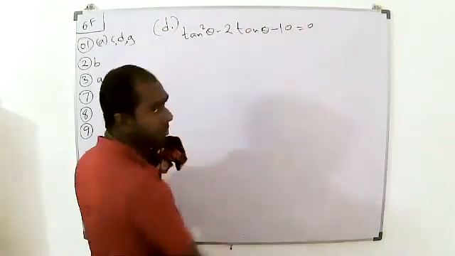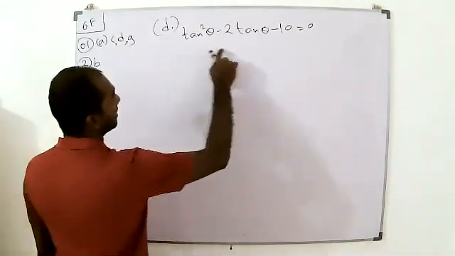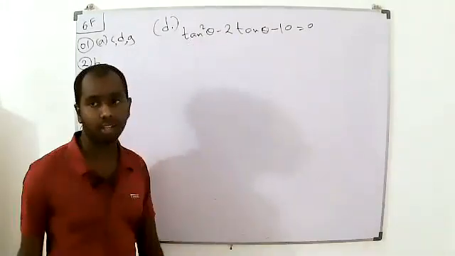Now everything is in the same ratio. No need to worry about converting this. Now what can we do? We can just see it as x squared minus 2x minus 10.